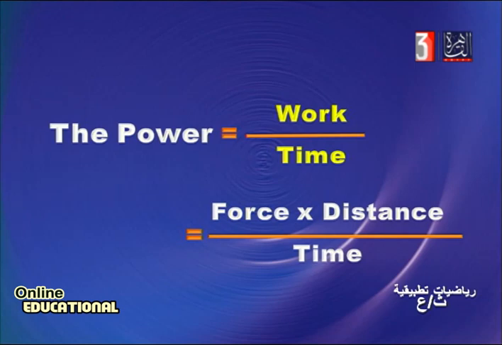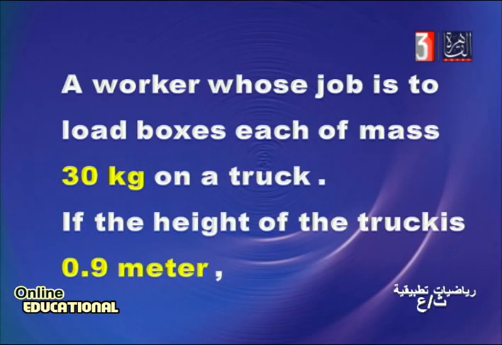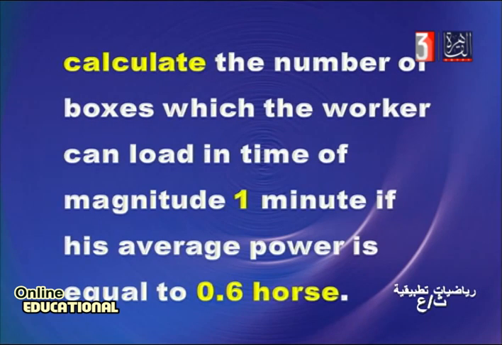Example: a worker whose job is to load boxes each of mass 30 kilogram on a track, if the height of the track equals 0.9 meter. Calculate the number of boxes which the worker can load in time of magnitude 1 minute if his average power is equal to 0.6 horse.